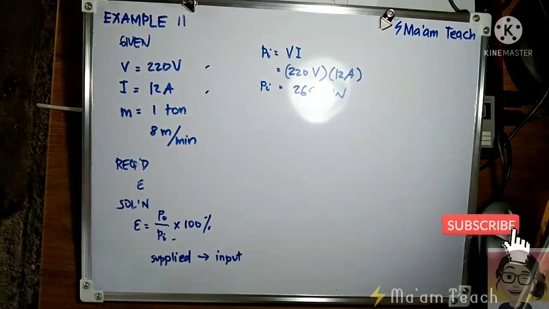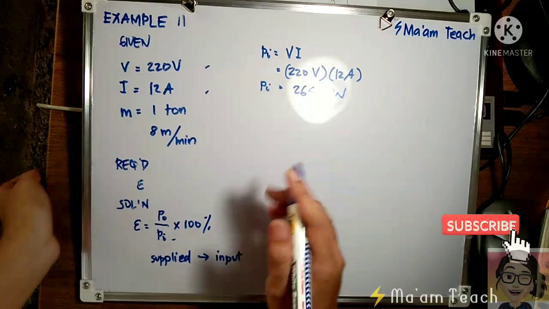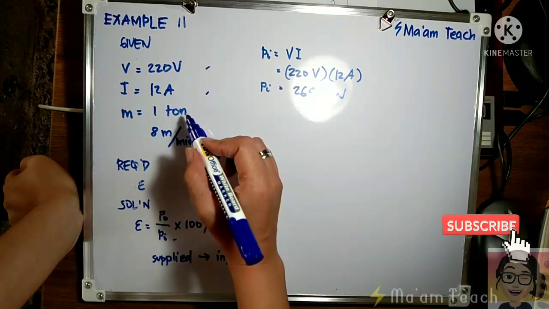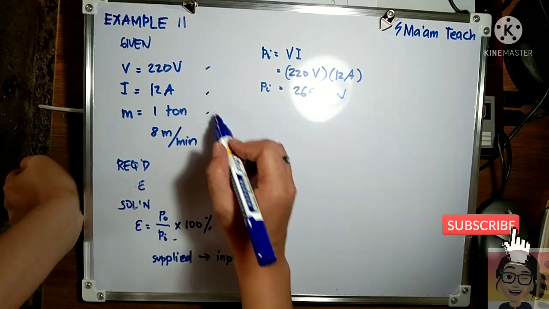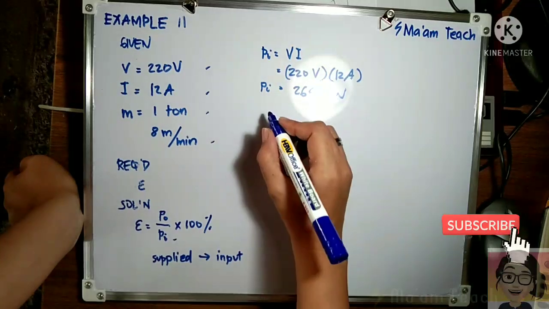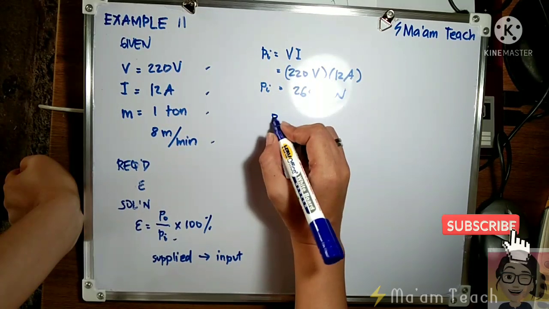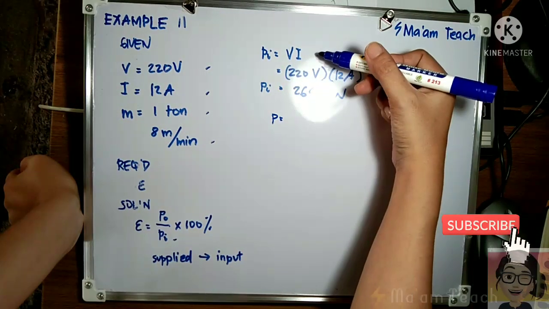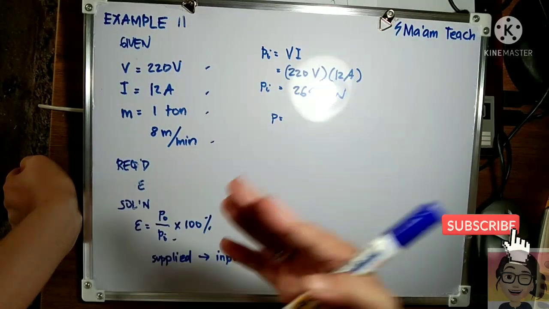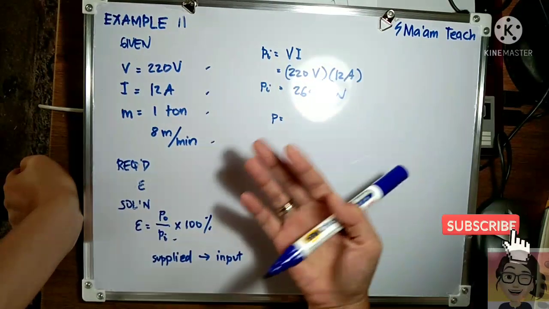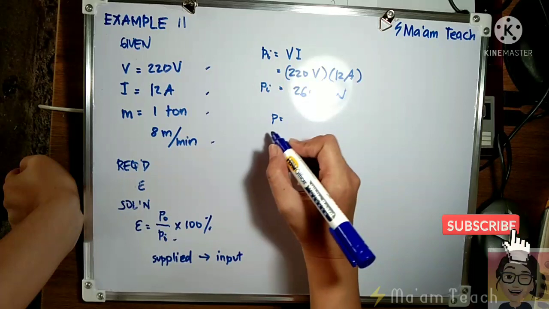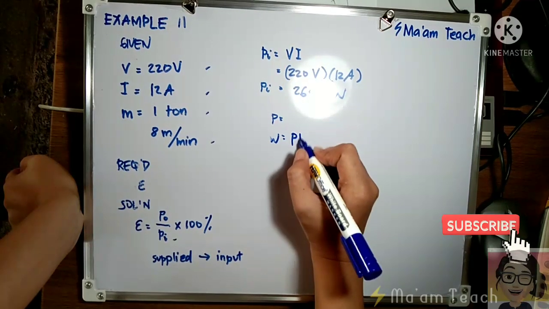Now how about for our output, class? Where can we get our output? Take note that we are given here mass and rate. Now if you could recall, class, power can be solved by voltage times current or resistance or voltage whatsoever. But aside from that, we can also solve power by using work, right? If you could recall, work is power times time.